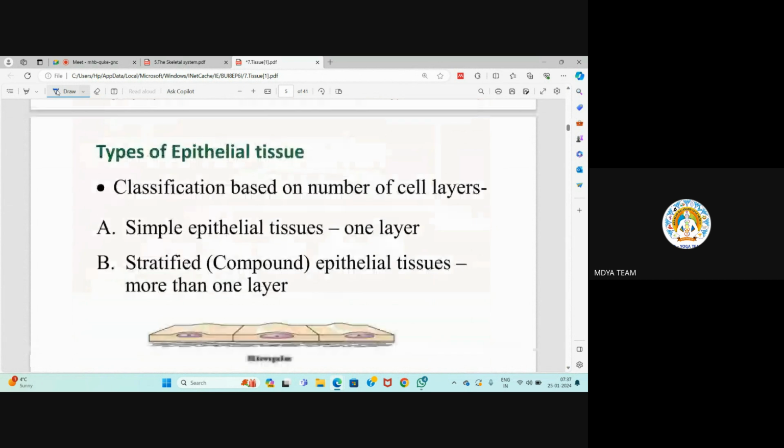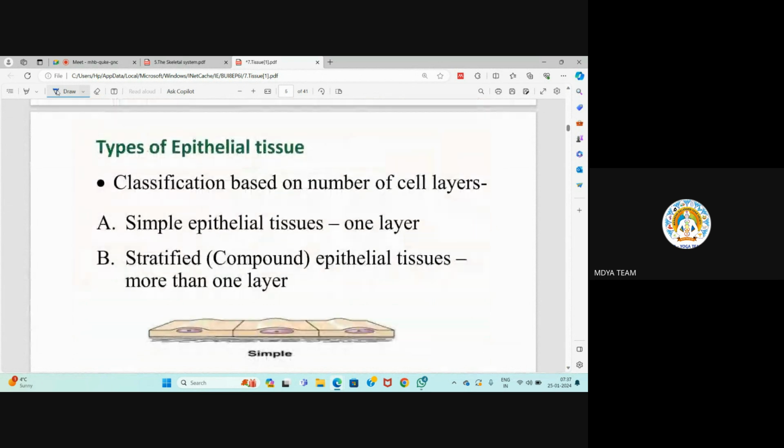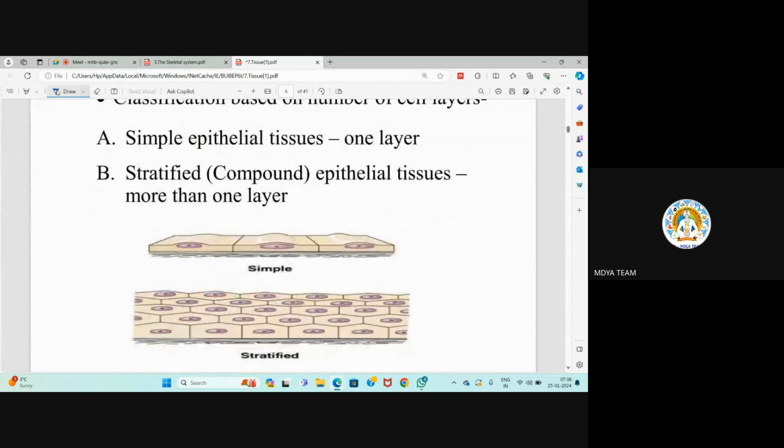Now, on the basis of the number of cell layers, there are two types of epithelial tissue. Simple epithelial tissue has one layer, and stratified epithelial tissue has more than one layer.